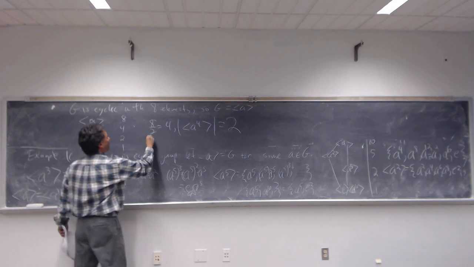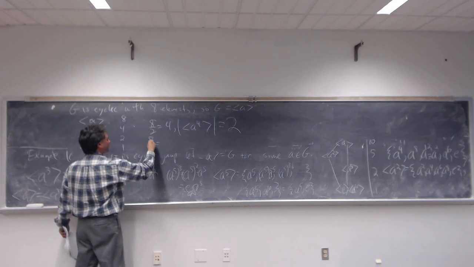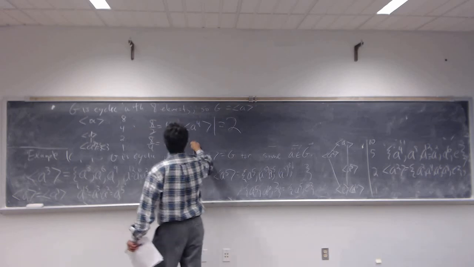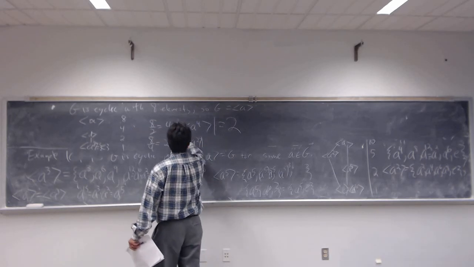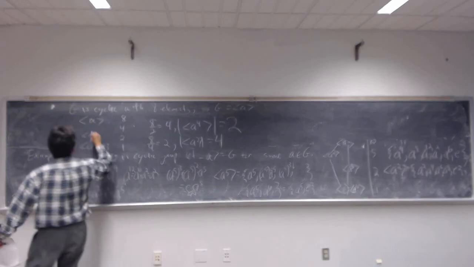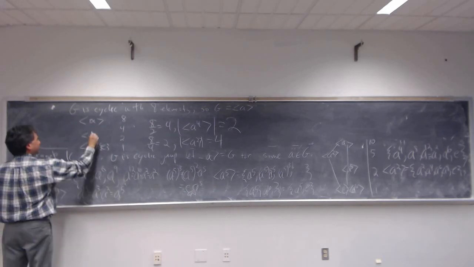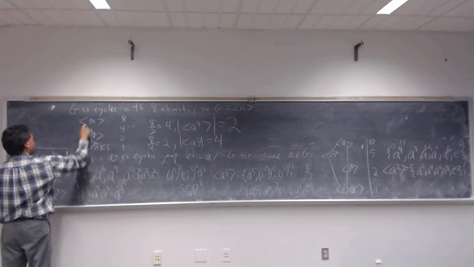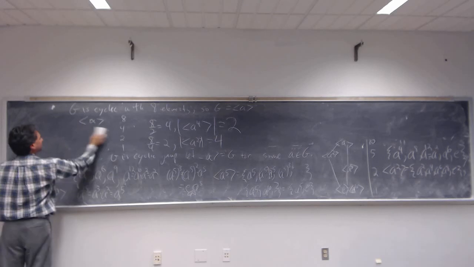And what about an element of order 4? 8 divided by 2, that would be A squared. The cyclic subgroup generated by A squared has order 4. So you have A to the 4th, and that's contained, so we'll make this a little bigger.